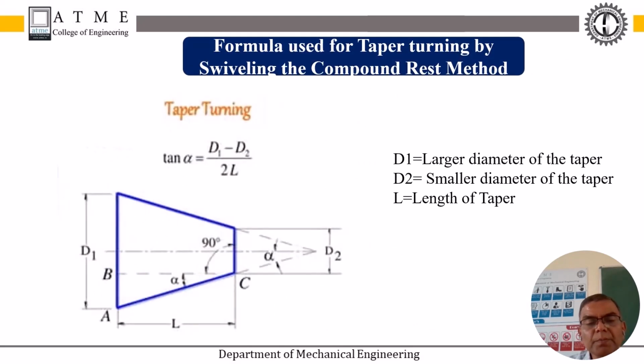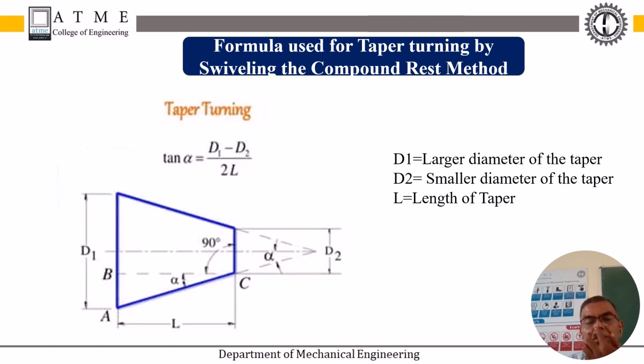Now this is the simple formula used for taper turning operation. tan alpha is equal to (D1 minus D2) divided by 2L, where D1 is the larger diameter of the taper, D2 is the smaller diameter of the taper, L is the length of the taper, and alpha is the taper angle.